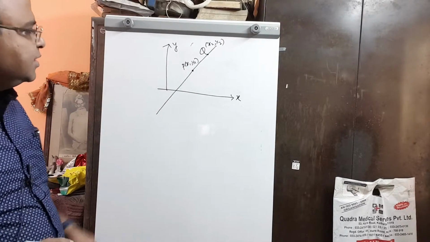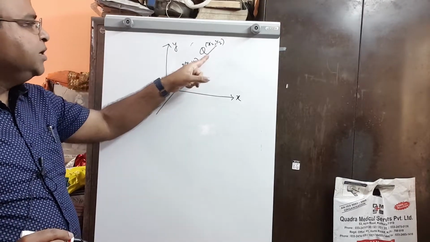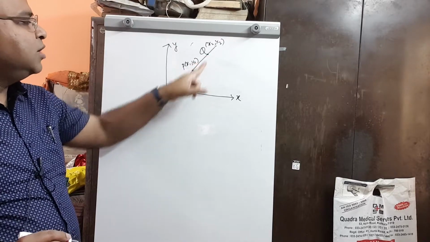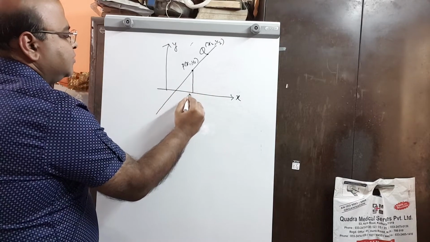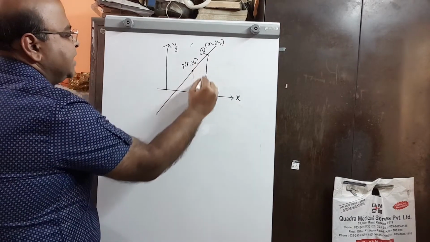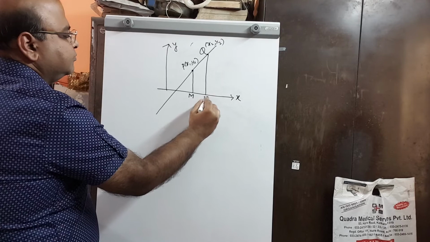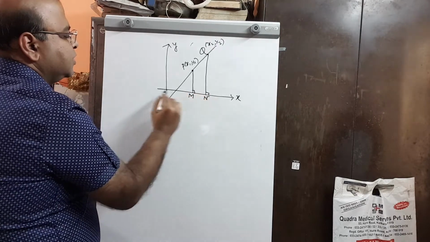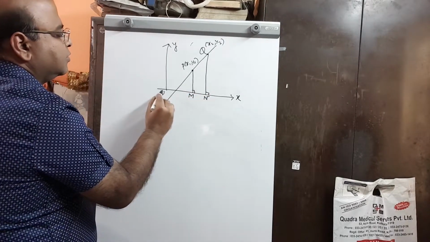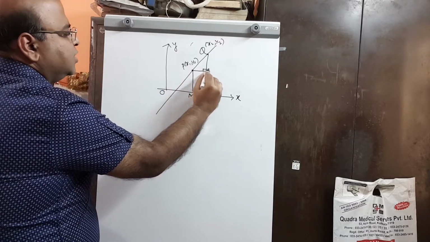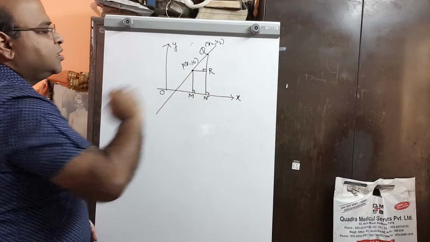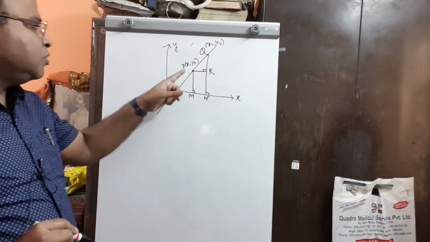For that, let us drop two perpendiculars from the points P and Q upon x-axis. Say the perpendiculars are PM and QN respectively. This is our origin. And also from P we drop another perpendicular, say PR over QN. So these are the constructions.